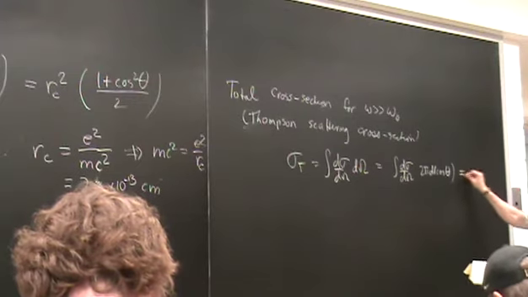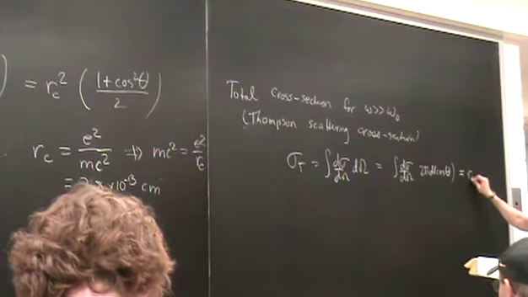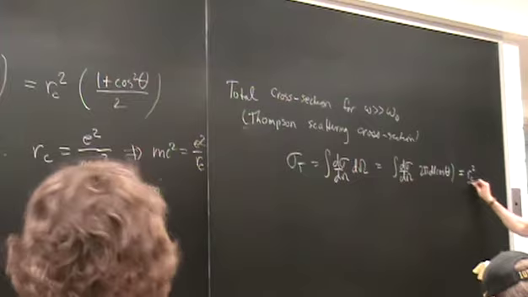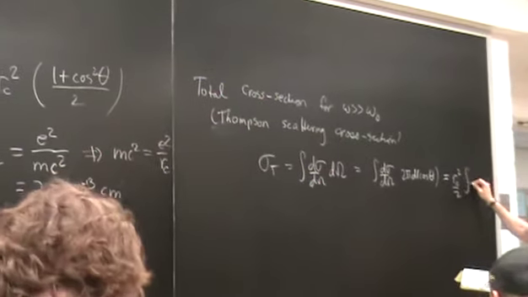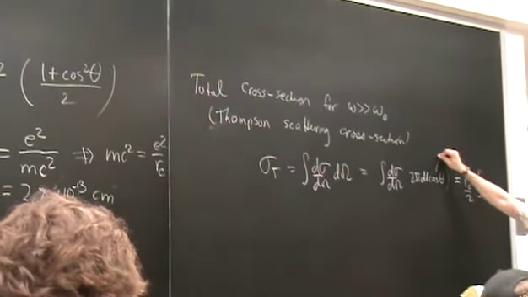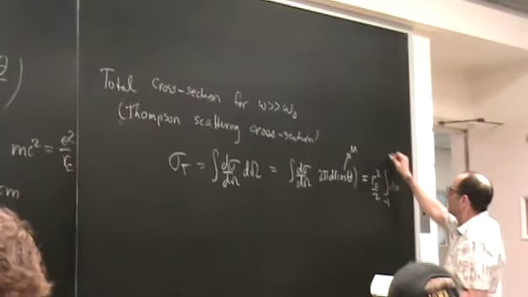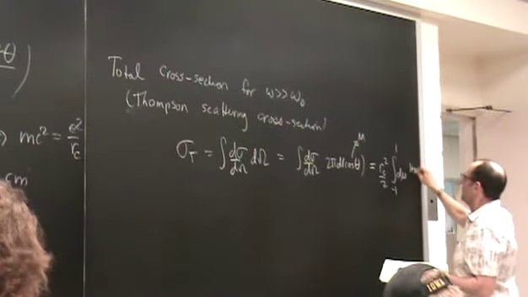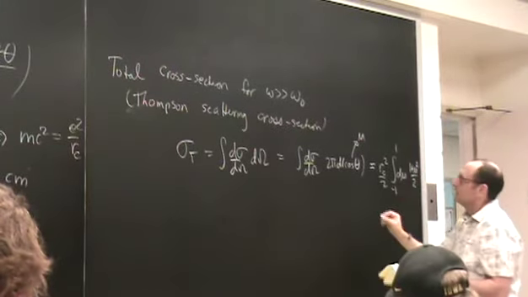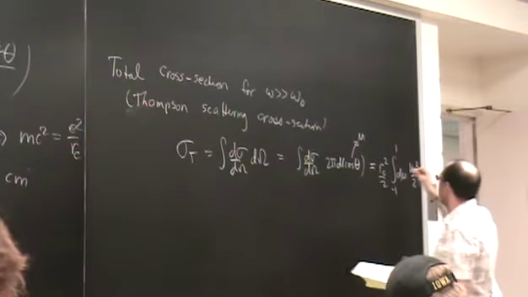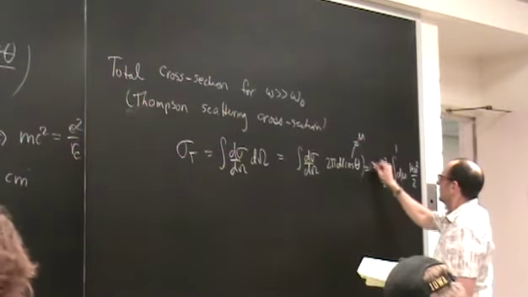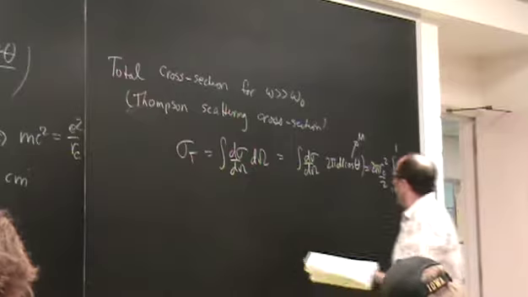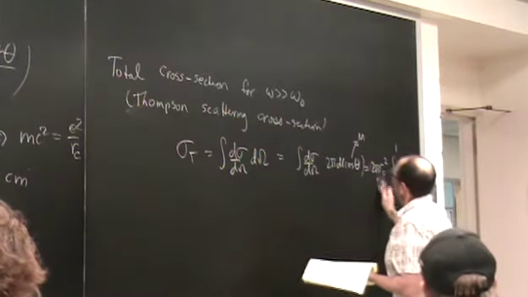So then that's equal to the classical electron radius squared over 2, the integral, I'll call this mu, goes from -1 to 1, of 1 plus mu squared over 2, which is 2 pi. And I already got the half.